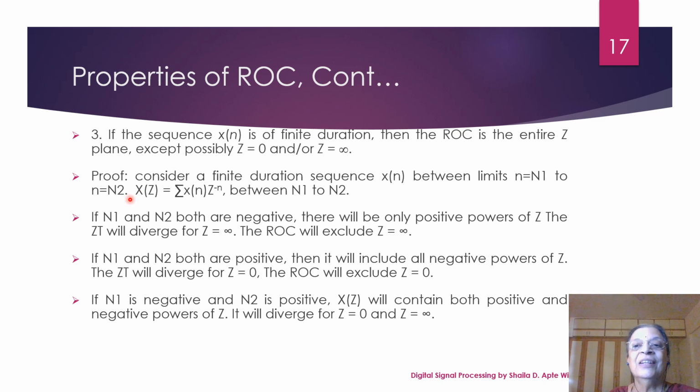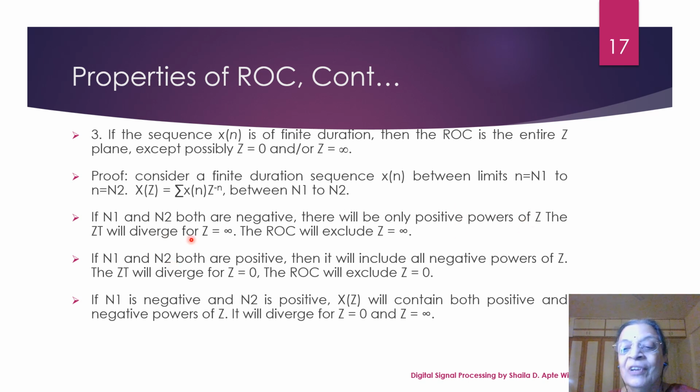That is a finite duration sequence. If N1 and N2 are both negative, then z raised to minus n, where n varies from N1 to N2 but both are negative, means z raised to minus of minus N1, so it will contain all positive powers of z.